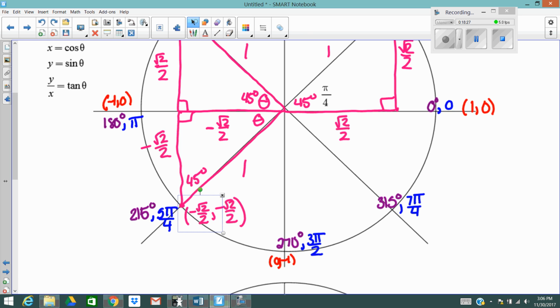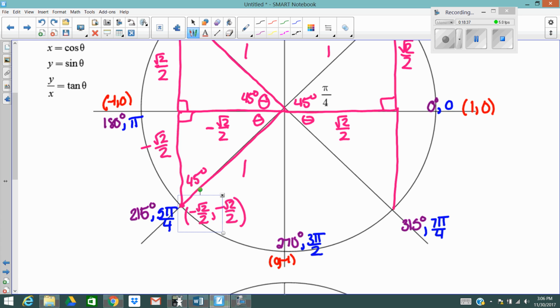And finally, my last point. Again, my angle is 7 pi over 4, but my reference angle is pi over 4, so 45 degrees again. With hypotenuse 1, opposite the 45 is square root of 2 over 2.